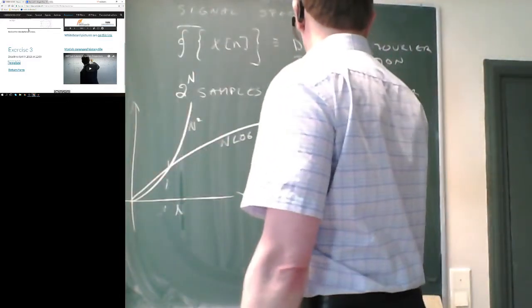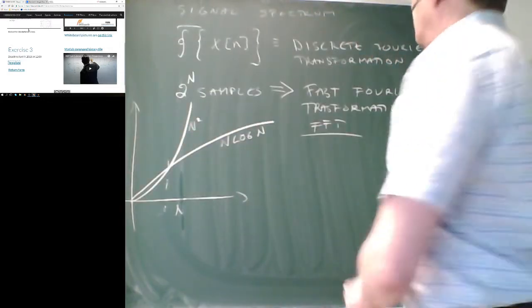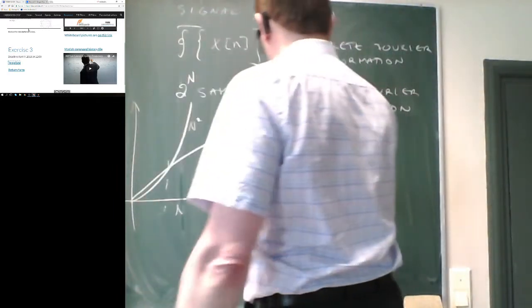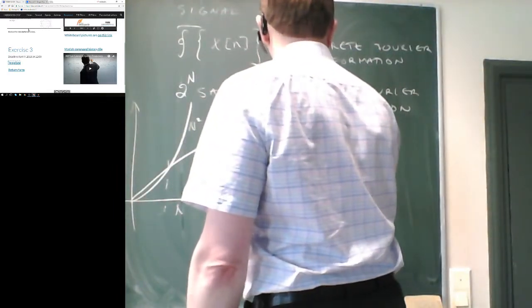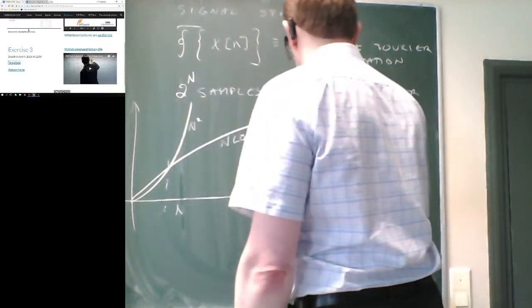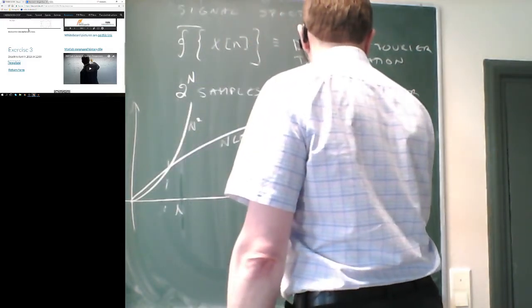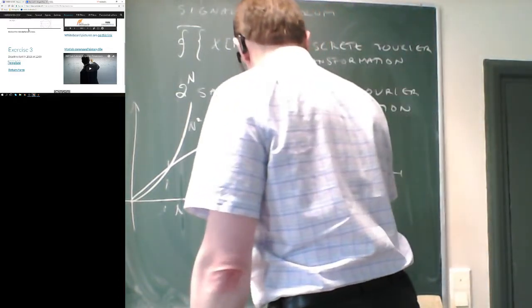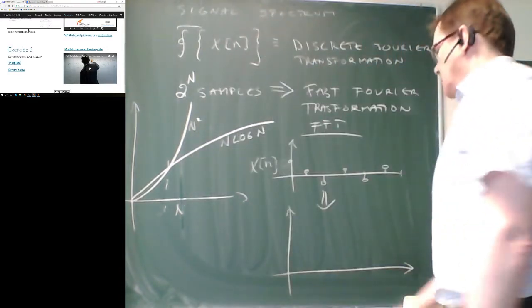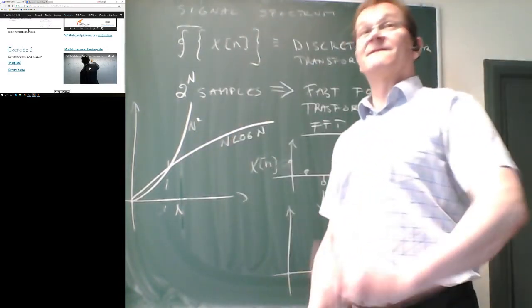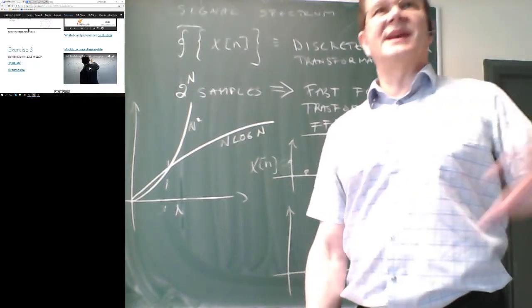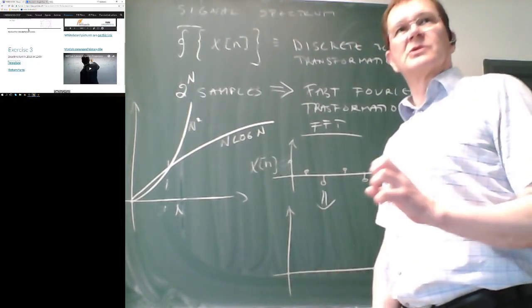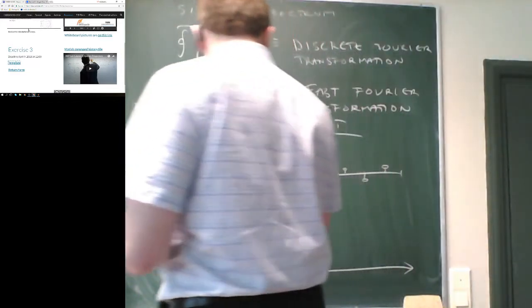Anyways, we are using the FFT to calculate the spectrum of a signal, meaning that if we have a signal in the time domain, after the discrete Fourier transformation we have the amplitude spectrum and phase spectrum of the signal. For signals, usually only the amplitude spectrum is the important part.